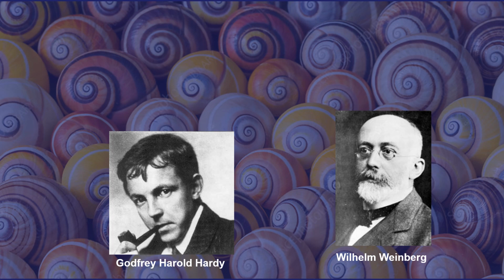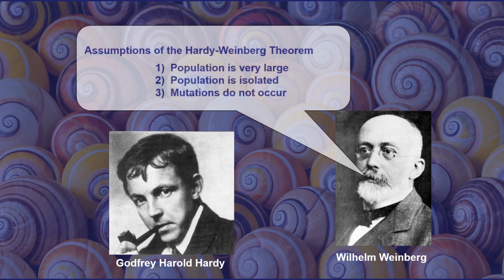There's 2 alleles and one is completely dominant to the other. There's a bunch more criteria. The population has to be very large. In fact, infinite. The population has to be isolated. And what I mean by that is there's no gene flow, as we'll talk about. There's no movement of alleles between your population and another population. So alleles aren't leaving and they're not coming in.